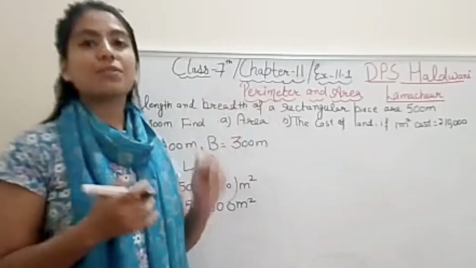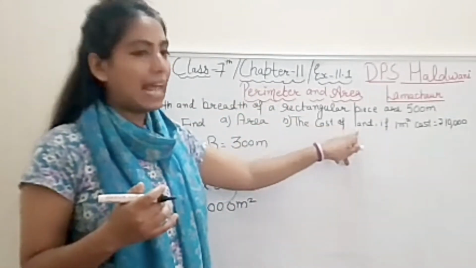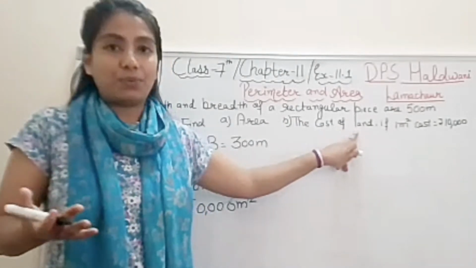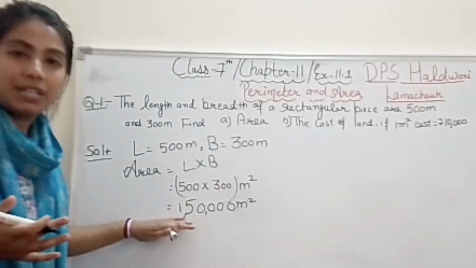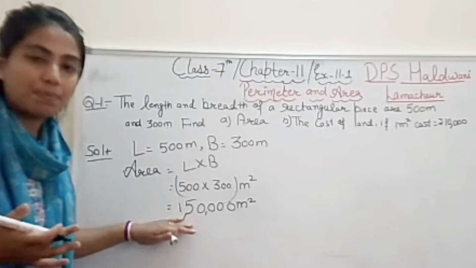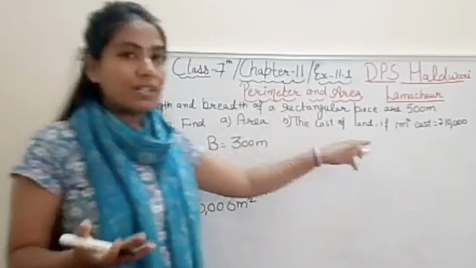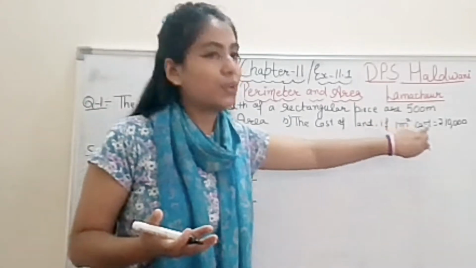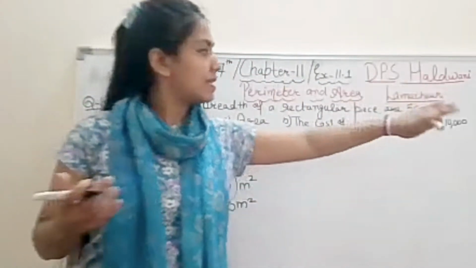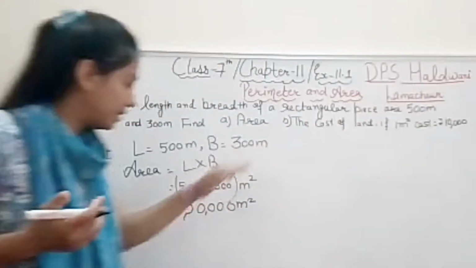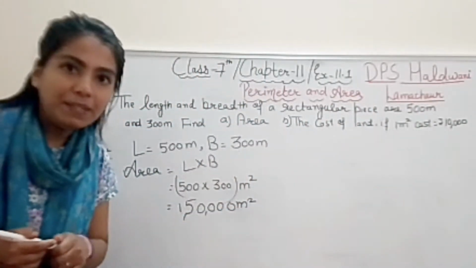Now in part B we have to find the cost of the land. If we have to purchase this much land, how much would it cost? The cost of 1 meter square is given as 10,000. And for this much area, how much would it be?